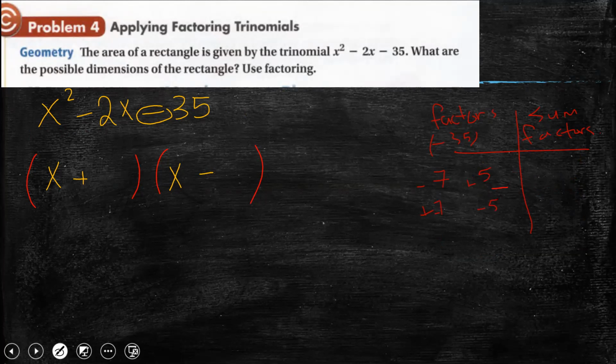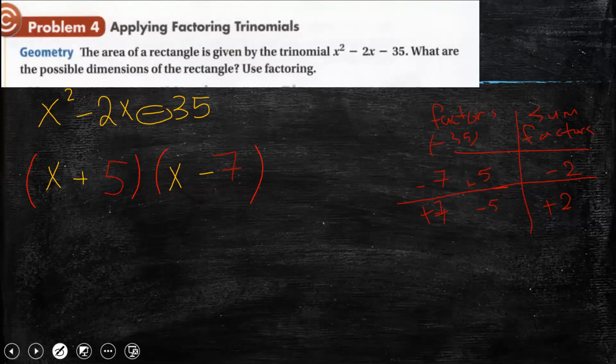Negative 7 plus 5 is what? Negative 2. Positive 7 and negative 5 is positive 2. So I have negative 7 and positive 5.